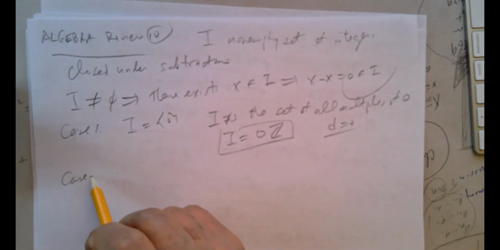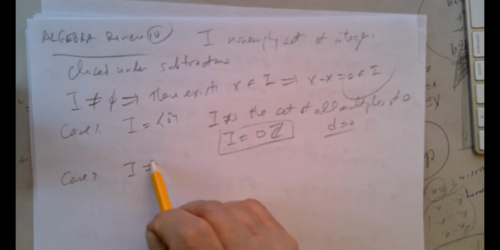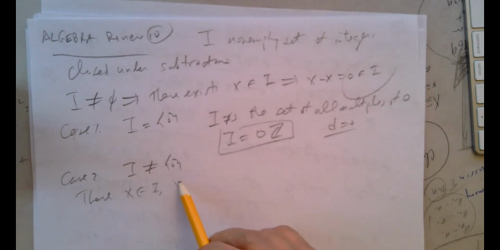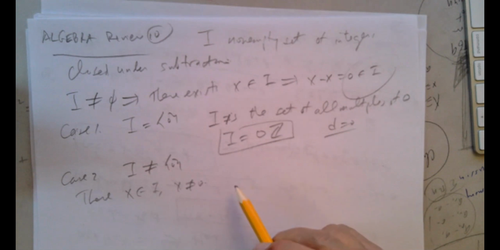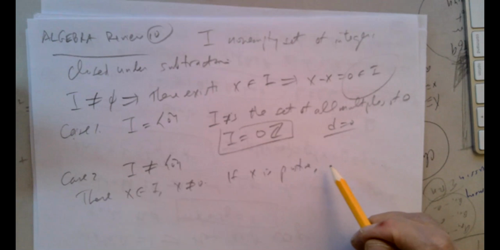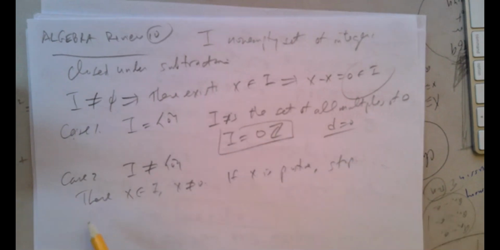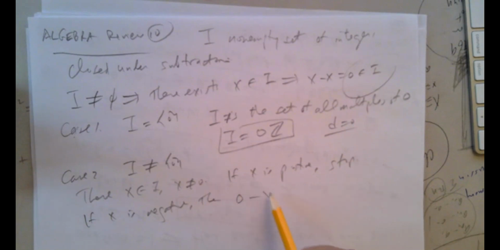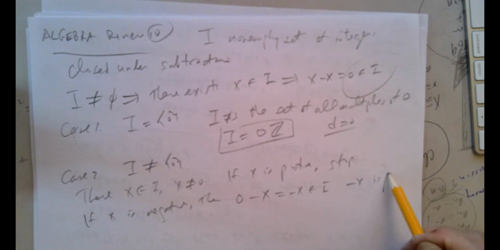And in the second case, I is not just 0. So there exists x in I different from 0. If x is positive, stop. That's nice. If x is negative, then because I is closed under subtraction, 0 minus x, which is minus x, is in I, and minus x is positive.